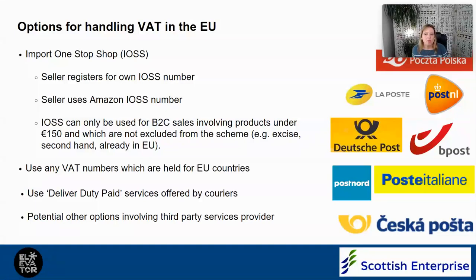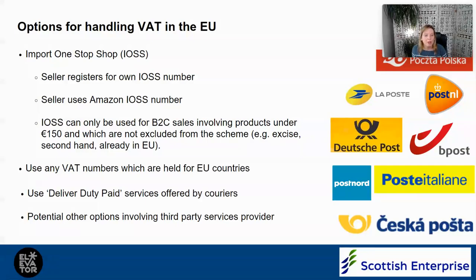It only covers B2C sales, which will probably be most of what you're dealing with on Amazon. It only applies to products with a value less than €150. Again, hopefully that will include most of your stuff. And then there are some other exclusions like second-hand goods. Items which attract excise, such as alcohol, sadly, are excluded as well. And goods which are already located in the EU are not covered by it.